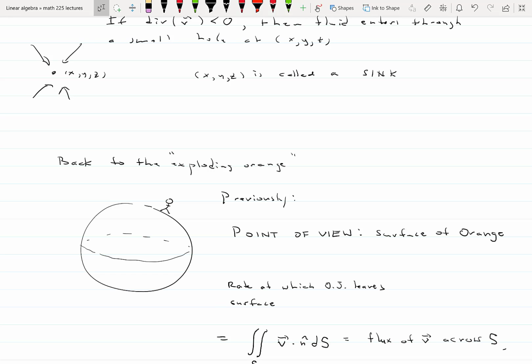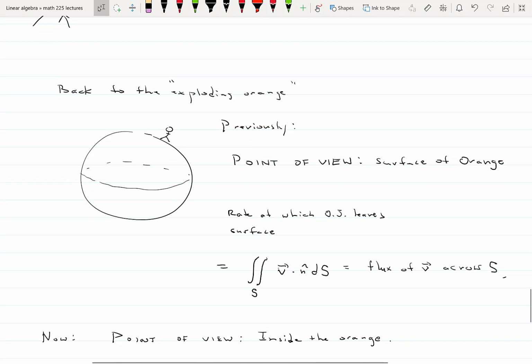Maybe they heard the loud explosion, but can't make any assumptions. We figured out that the rate at which orange juice leaves the surface is the surface integral of v dot n dS, or the flux of v across S. This is computed by observing what's going on with the vector field only along the surface.